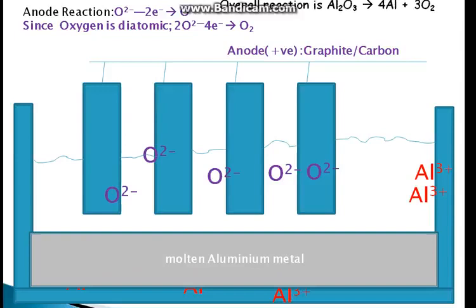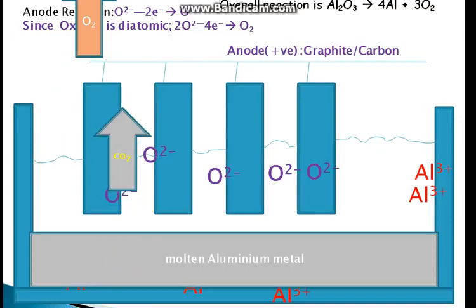At the same time, you find that the overall reaction is supposed to be aluminium oxide breaking itself into aluminium and oxygen. So only two products should be seen. But you will soon find there's a third product also. As you can see, oxygen gas is being formed at the anode and it is escaping. But while escaping, it reacts with the hot carbon anodes and burns them away.